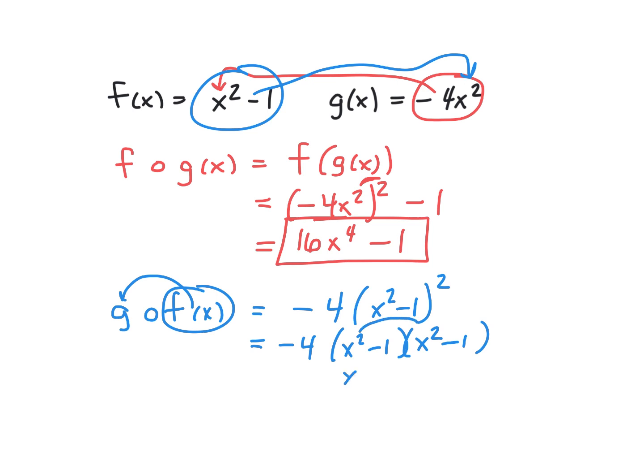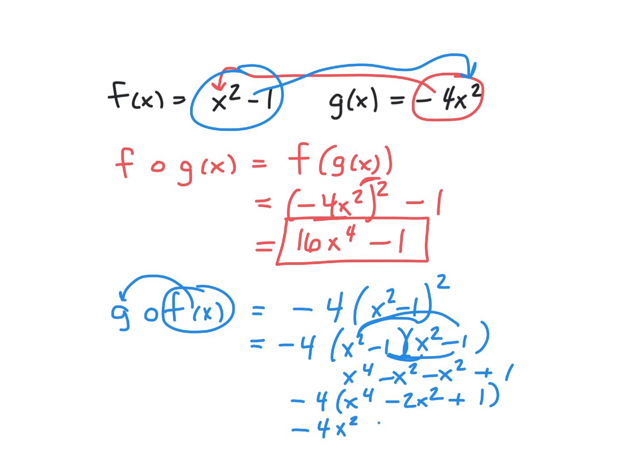So I'd have x to the 4th, I'd have a minus x squared, a minus x squared, a plus 1, which is x to the 4th minus 2x squared plus 1, and I would multiply by negative 4. So I have negative 4x to the 4th plus 8x squared minus 4. That would be the rule for doing f of x followed by g of x.